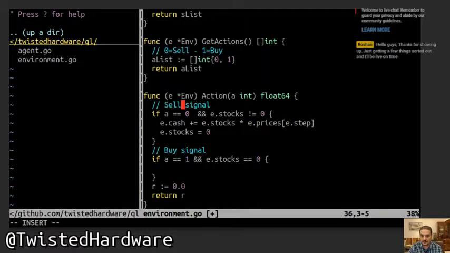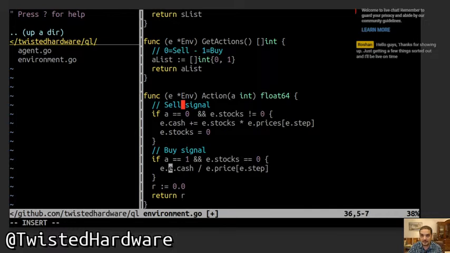So e.cash, let's find out how much cash we have. We'll divide that by the price of today, so e.price of e.step, current step, and I will call that the number of stocks.